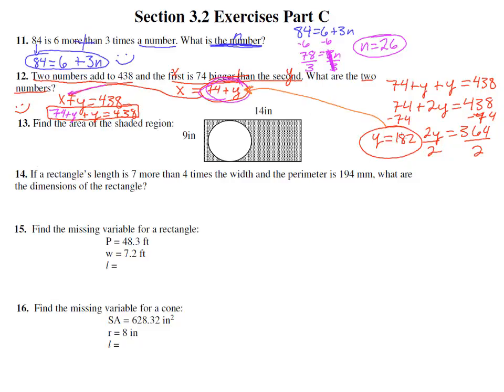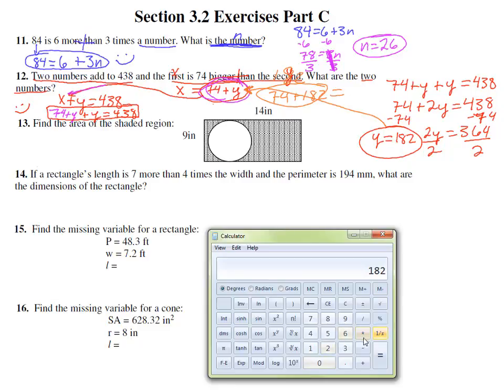We still need to take this and go put it right back in there to find out what the other guy is. Now you could take 182. You know they add up to 438. So take 438 minus 182 and you'd get the other one. Or we know that the first is 74 bigger than 182. So 74 plus 182, and what does that equal? Plug that in our calculator.